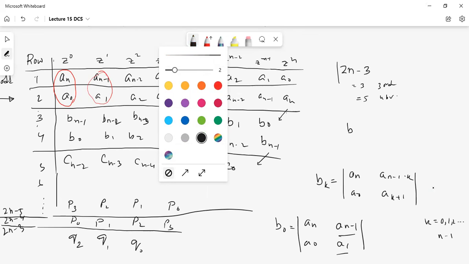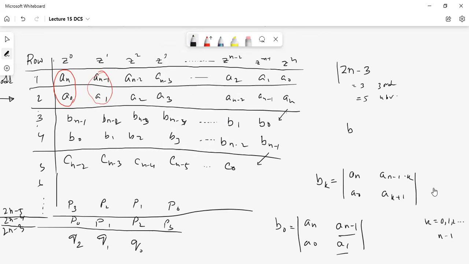But where it is placed, it is actually placed in the last one, so you have to keep it in mind. For the next one, as you can see, the first two are not changing, that is, the first column of the determinant is unchanged. The others will be changing. So if you take B1, then you have to take these two.